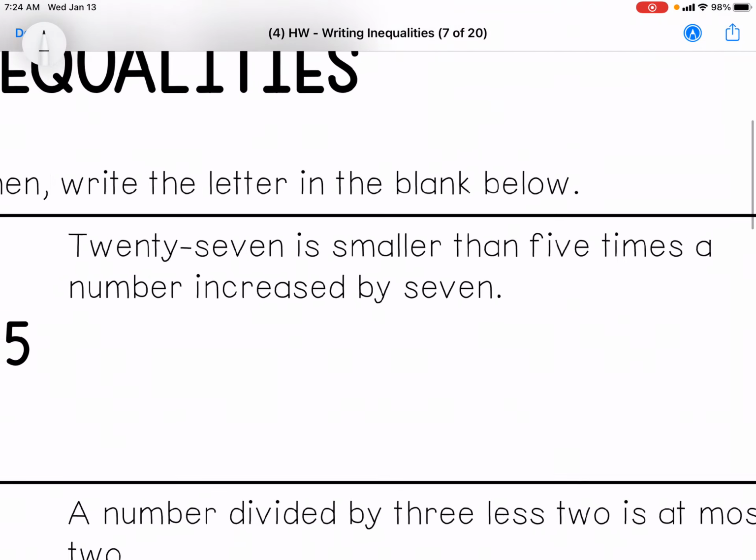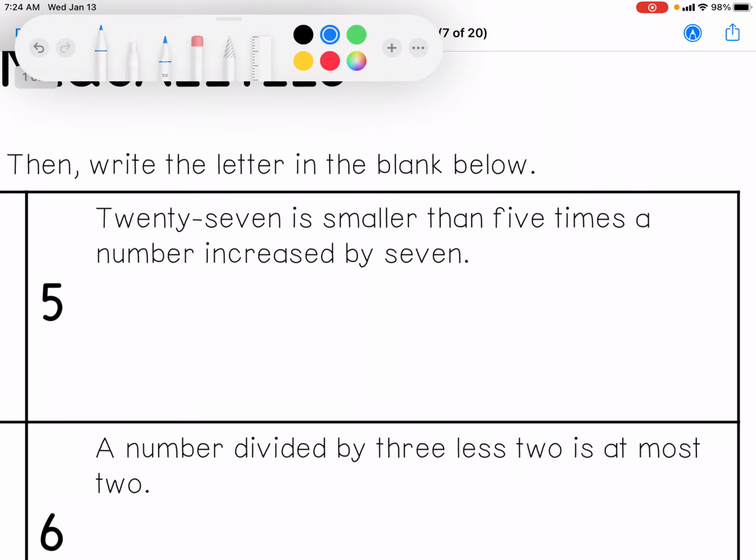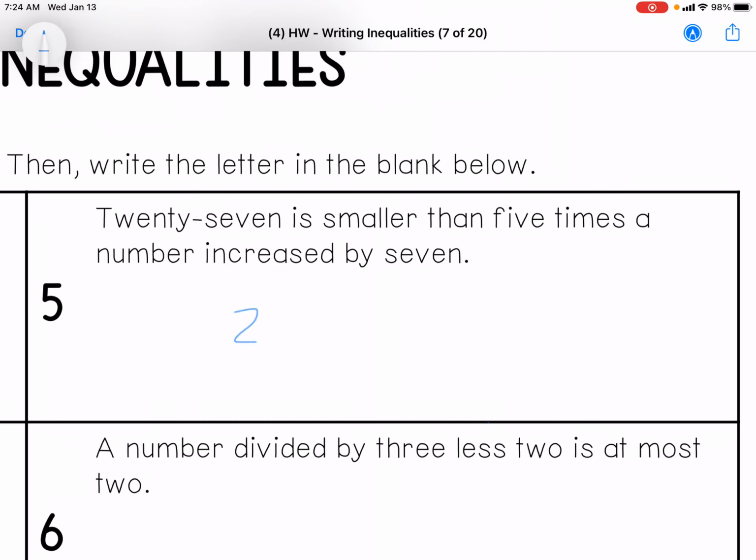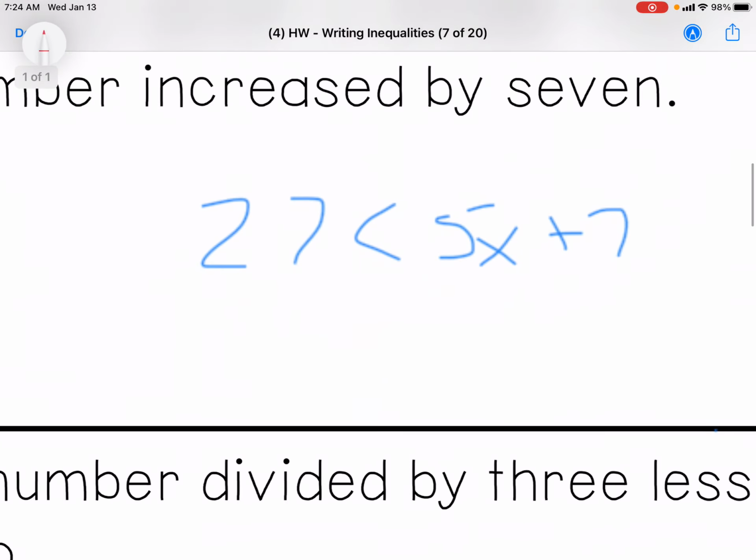Number 5. $27 is smaller than 5 times X increase, so plus 7. Subtract 7.